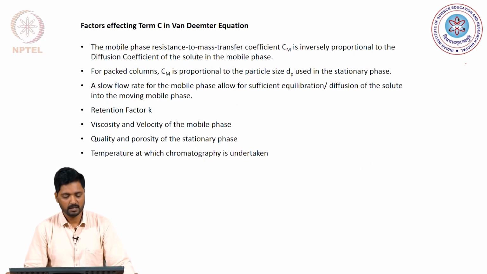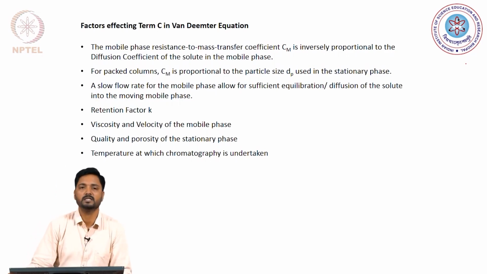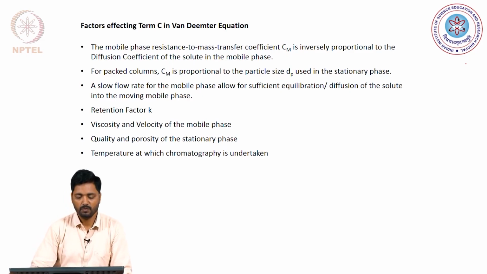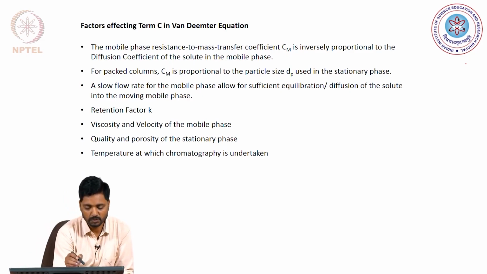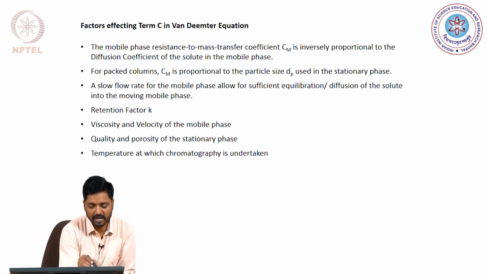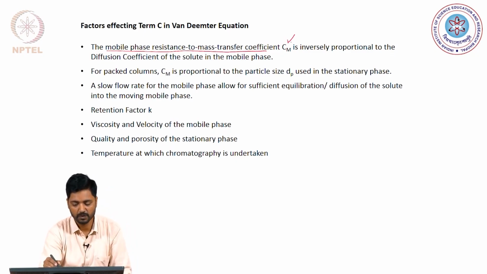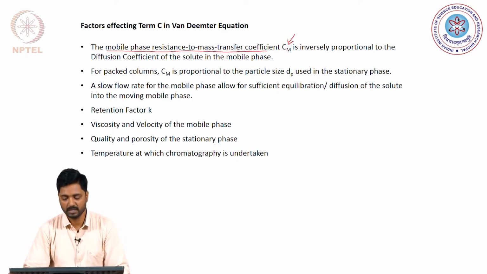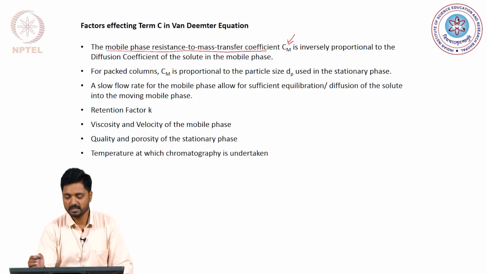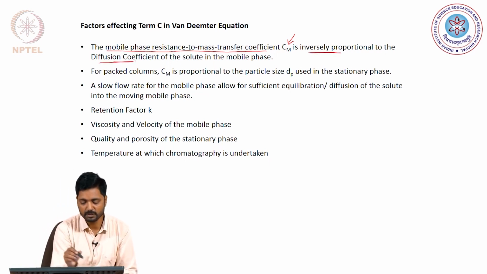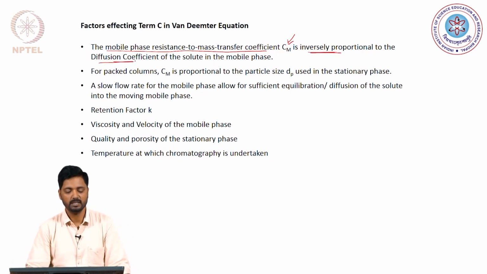So, again considering the factors that affect this C term, or the third term in the Van Deemter equation, we have what is known as the mobile phase resistance to mass transfer coefficient, Cm, which we already alluded to previously, and this is inversely proportional to the diffusion coefficient of the solute in the mobile phase.